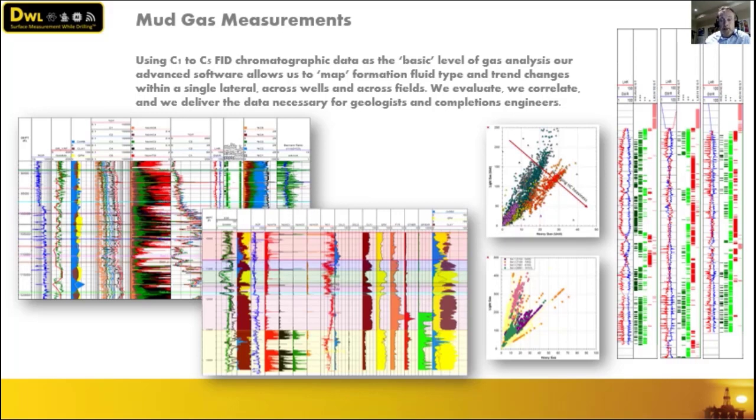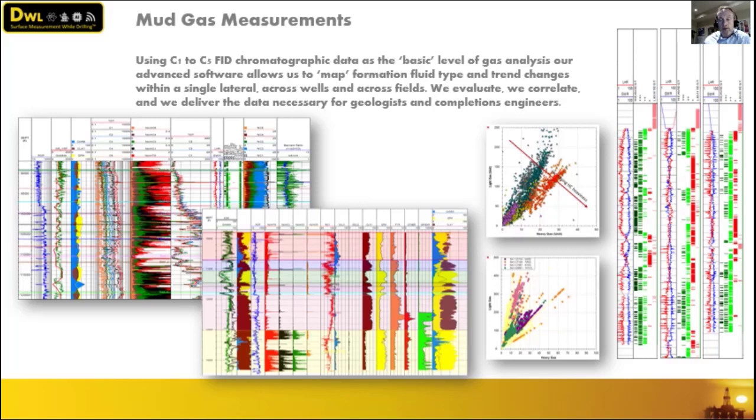and then with confidence in the quality of the data, we can start to slice and dice it and create fingerprints of indication of fluid type. Dark green would be heavier oils, light green, light oils, and then orange condensates, reds would be gas.